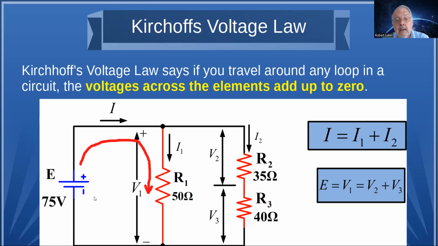So they cancel out and the net is zero. Likewise, if I were to go around this loop, I'd have the same thing. I'd see 75 volts in one direction, 75 volts in the opposite direction. The net would be zero. The bottom line is in a parallel circuit, the voltage across all the parallel components is going to be the same.